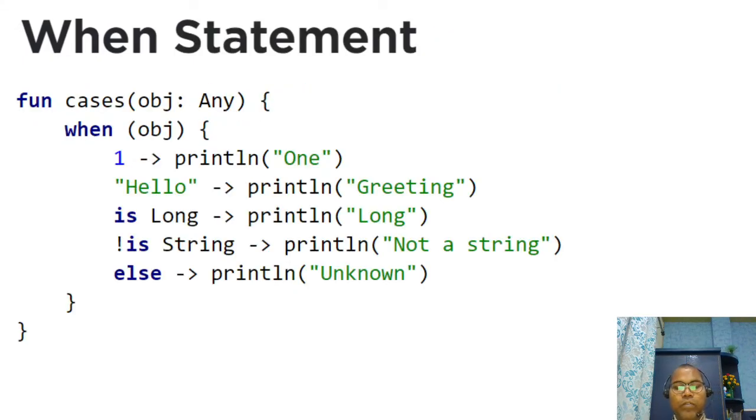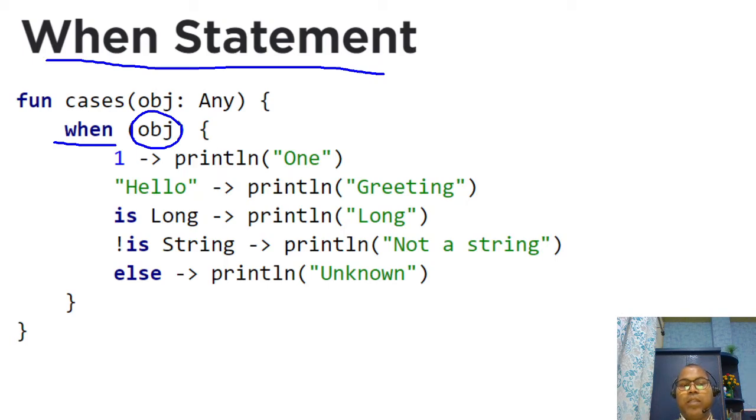So if you are talking about when as a statement, the syntax is: when you apply any object, and if this object is one, then print this. If string, then print this.